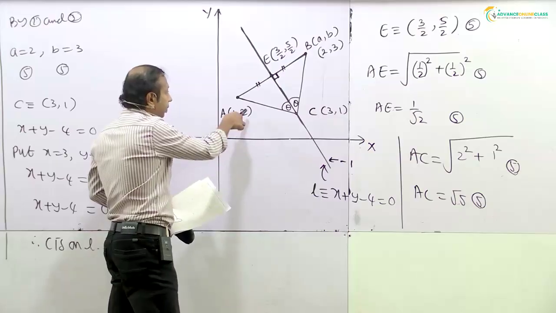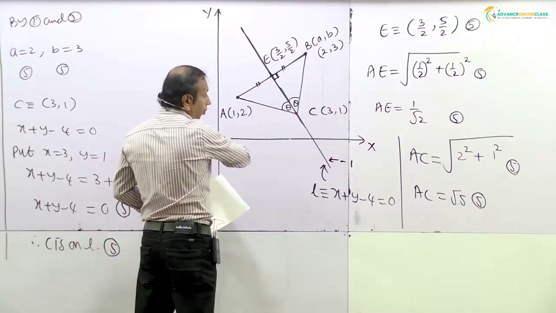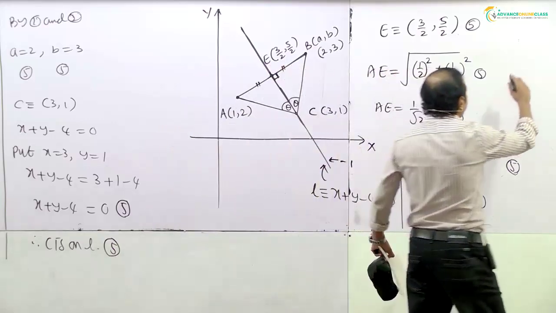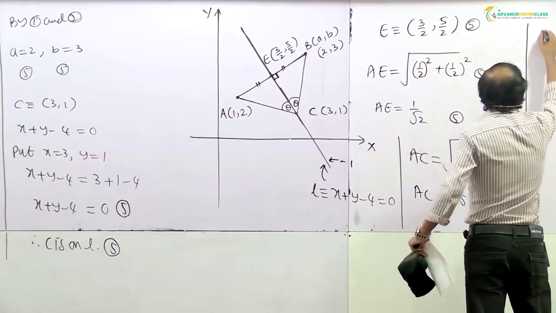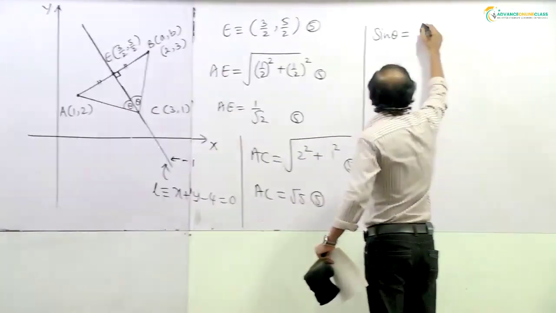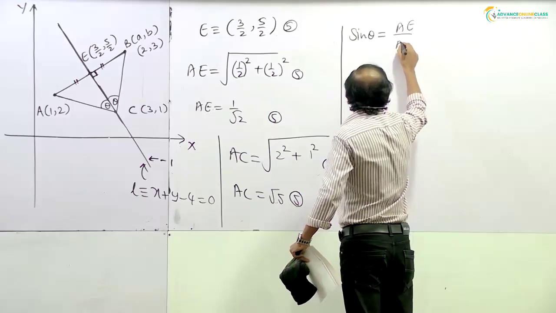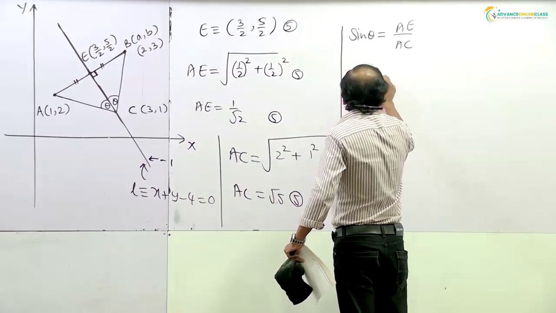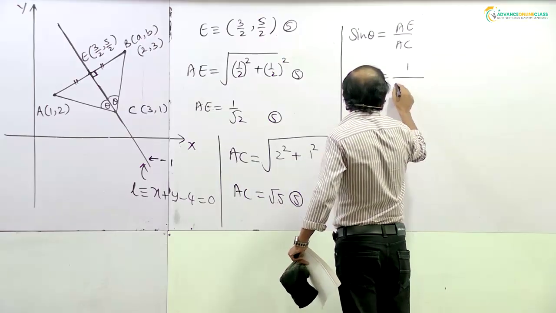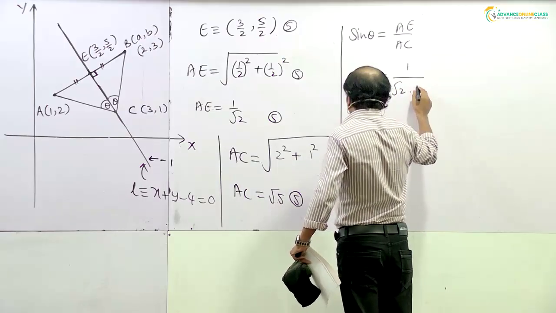Now you can write sine theta. This length you know, 1 over root 2. This is root 5. Therefore sine theta, what is sine theta? AE over AC. AE is 1 over root 2, AC is root 5.